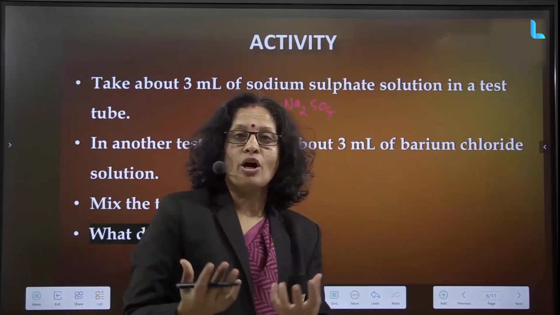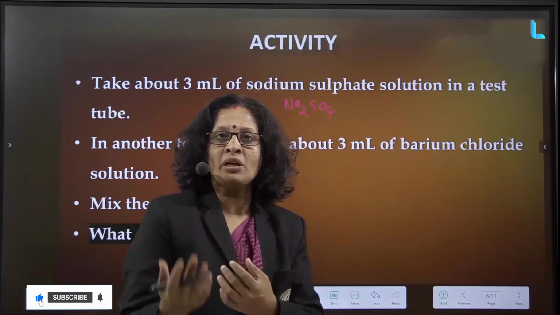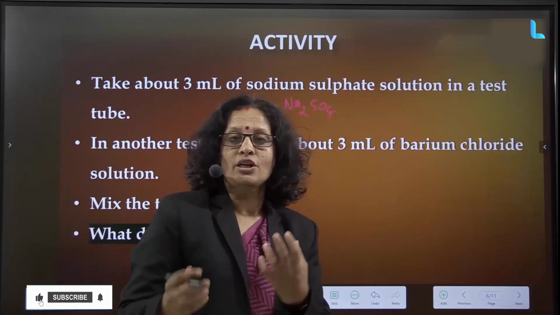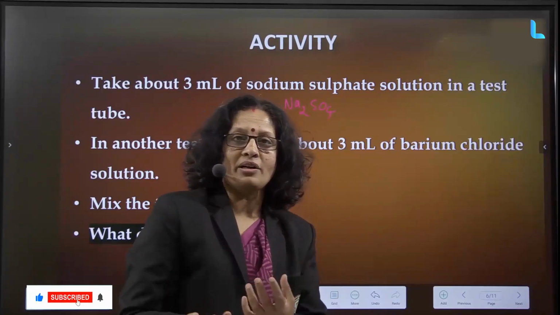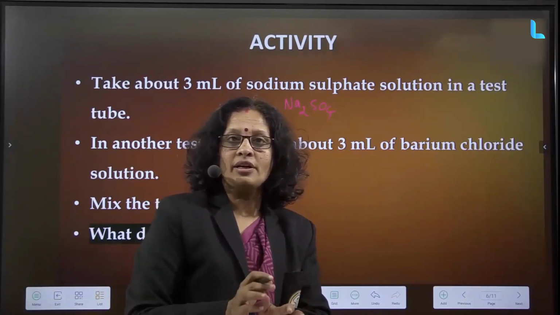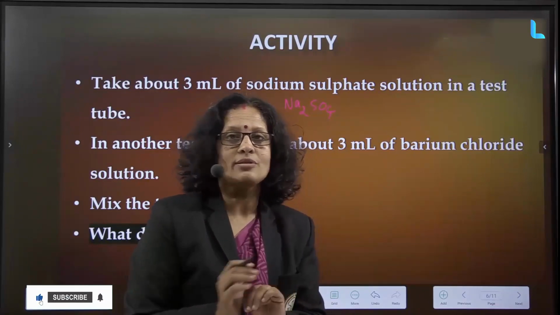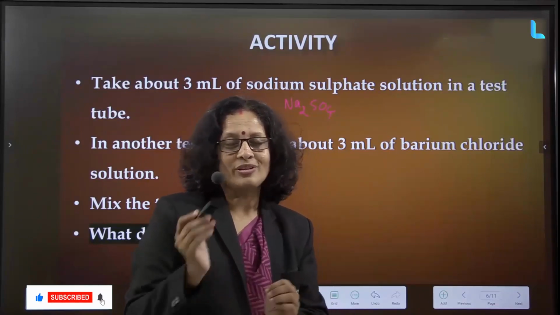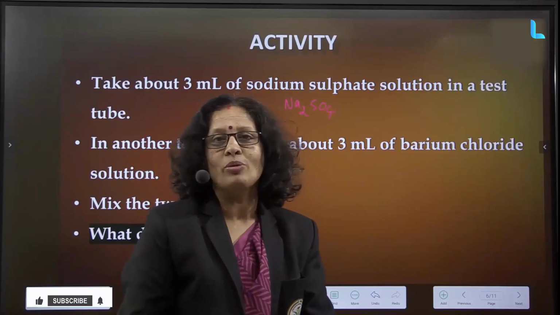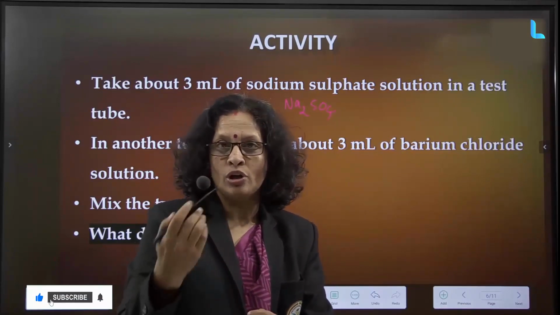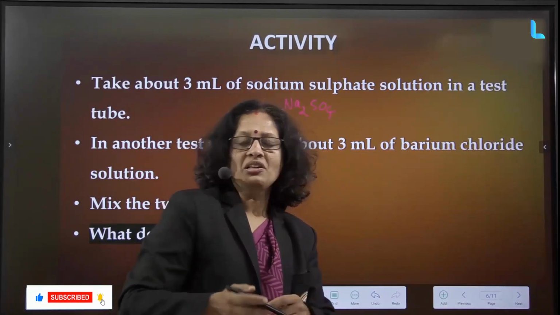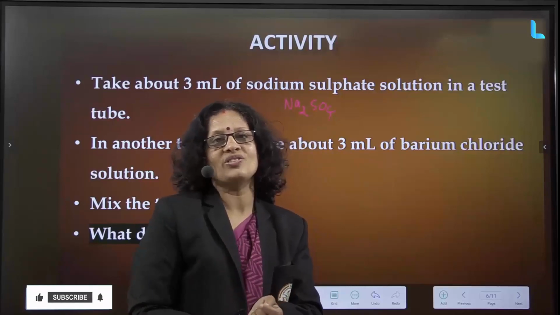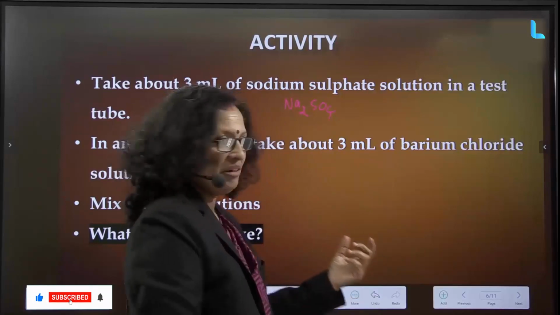Periodically, when you observe it many times, you will learn the symbols automatically. Sitting and learning 118 element symbols is not practically possible. So by seeing it every day, it will automatically get by-hearted. You can write a formula, you can write a reaction by yourself. So that is the easy method.